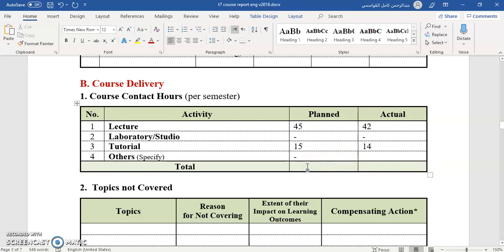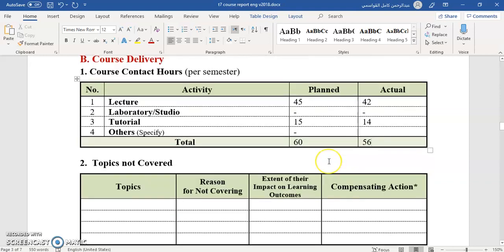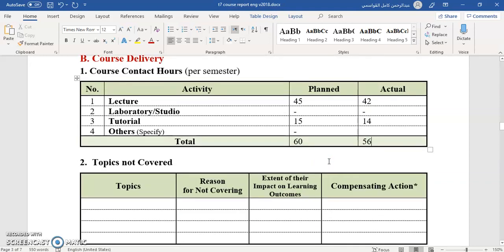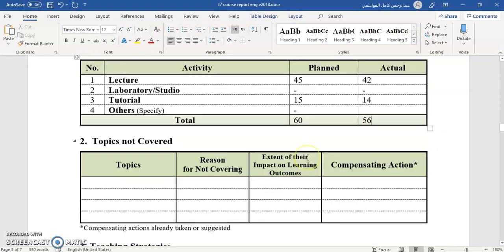So the total planned in my course specification was 60. But actually I taught only 56 contact hours. This means I didn't deliver 4 contact hours.